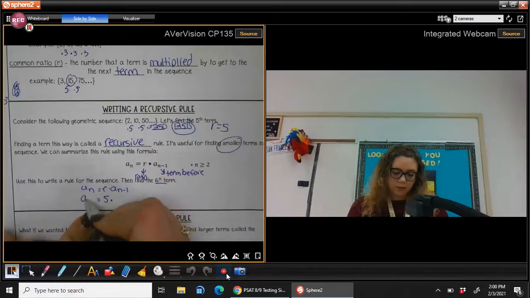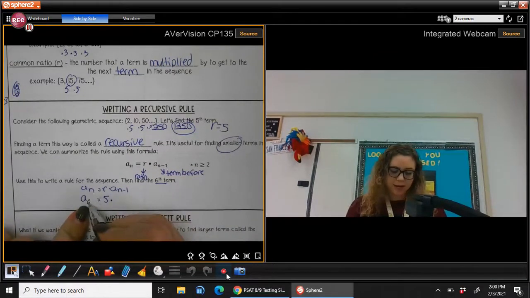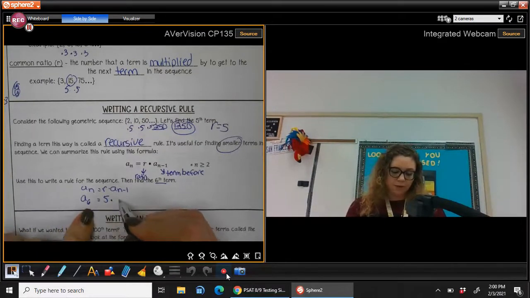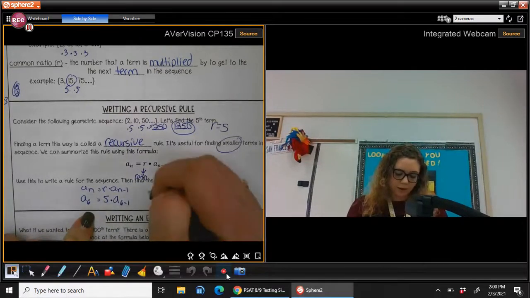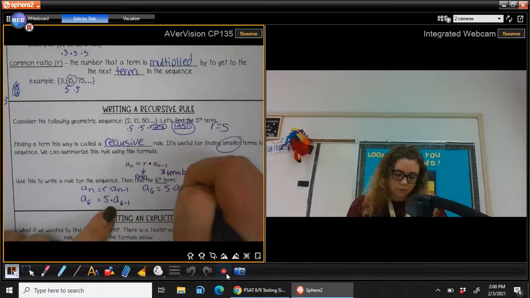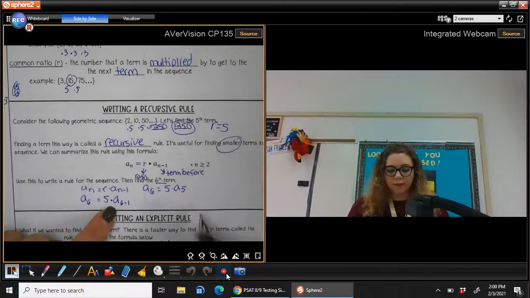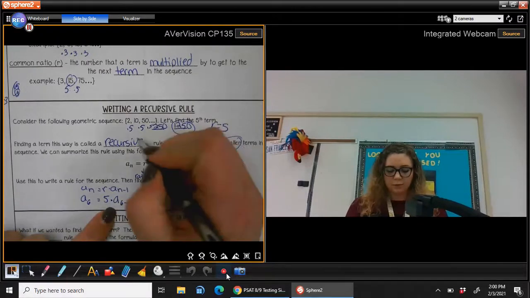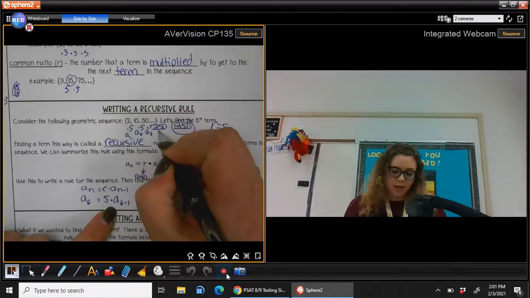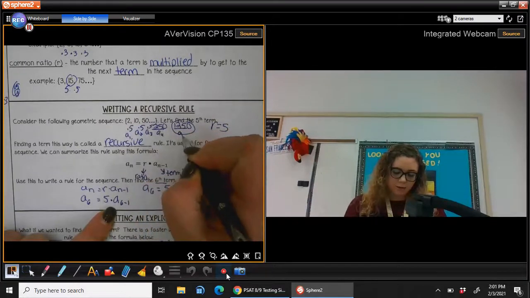they want us to find a_6. That n means the term. This means we need to find the term before the 6th. So 6 minus 1 is going to give me 5. We just found this term up here, so this would be a_1, a_2, a_3, a_4, a_5.